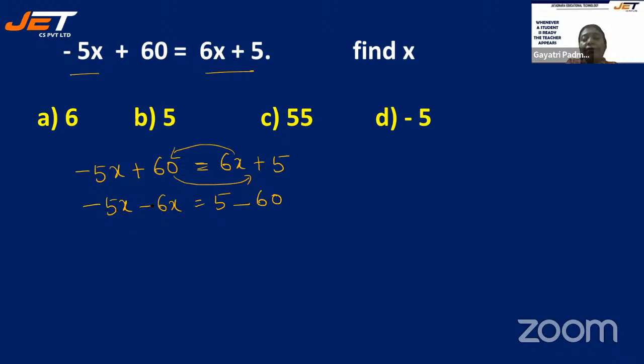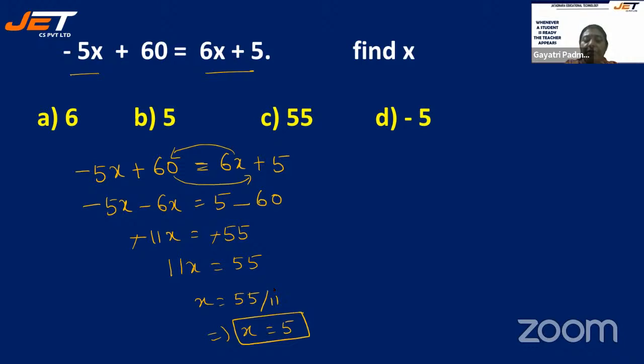So minus 5 minus 6 is minus 11x is equal to minus 55, right? Yes. So minus minus gets cancelled. So 11x is 55. What is x? 55 by 11, which implies x is equal to 5, 11 5s are 55. So your answer must be option B.